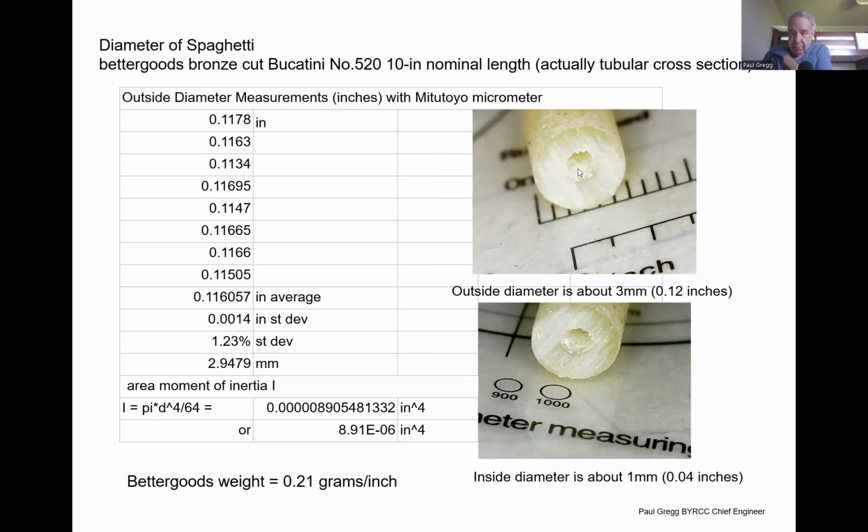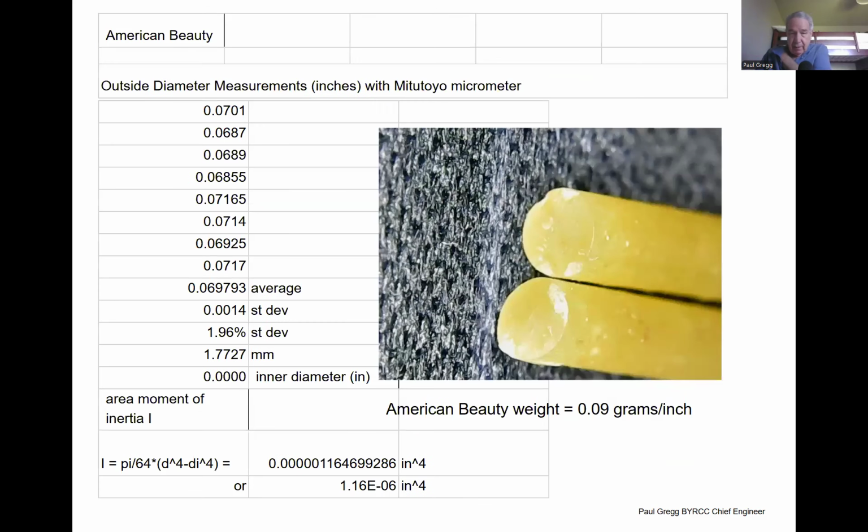I'll show you how to talk about this more. So it's about a 3 millimeter diameter on the outside, and there's about a 1 millimeter hole in the middle. And the moment of inertia of that is in inches to the fourth. We'll talk about moment of inertia in a while, but it's just more resistant to bending, which is a good thing. It helps in bending, it helps in buckling, and we'll see that.